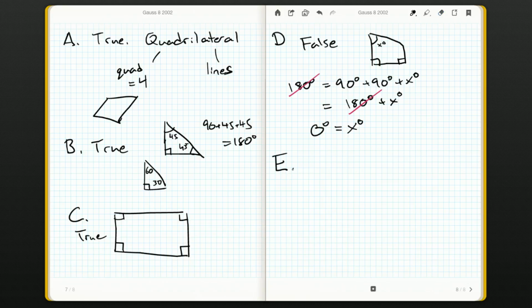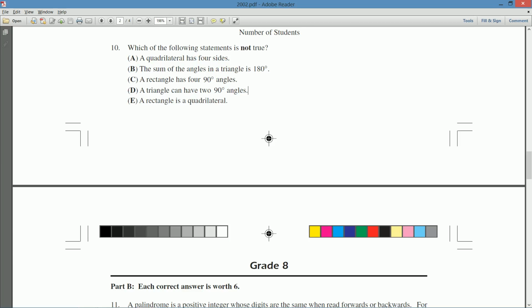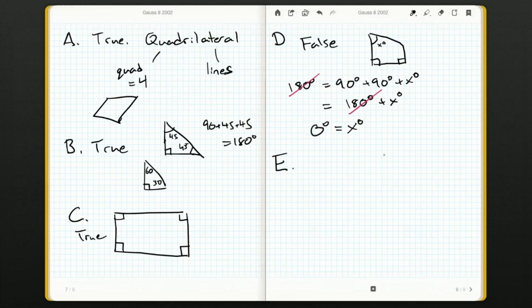But let's just take a look at what E said. A rectangle is a quadrilateral. Well, let's take a look at a rectangle. We already saw a rectangle in C part. And it was, do we have 4 90-degree angles? And of course we do, 1, 2, 3, 4. But is a rectangle a quadrilateral? Well, a quadrilateral has 4 lines. 1, 2, 3, 4.